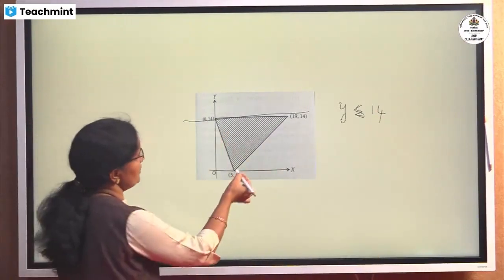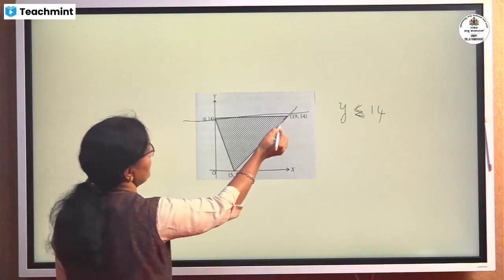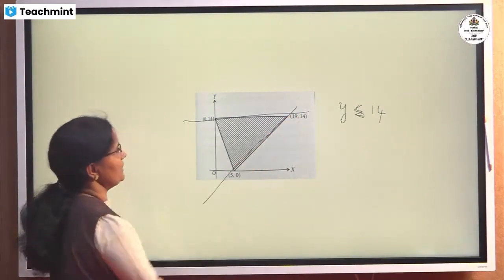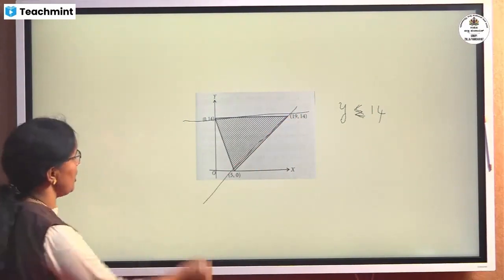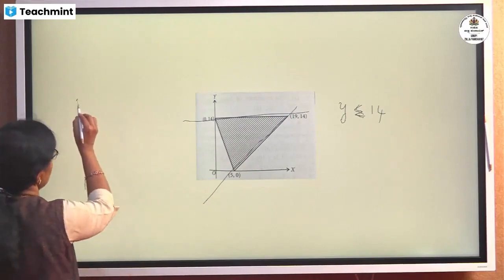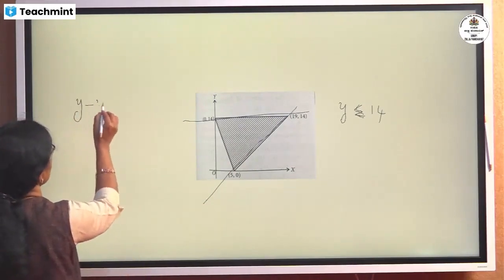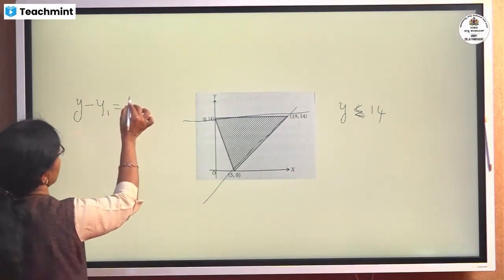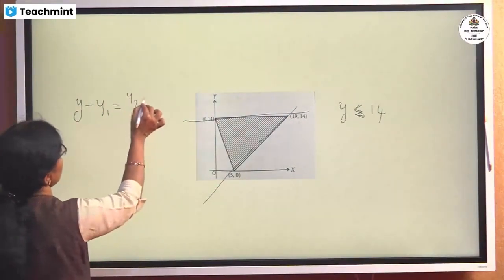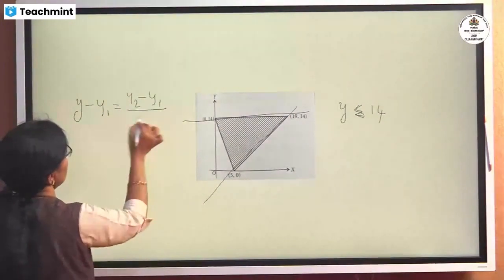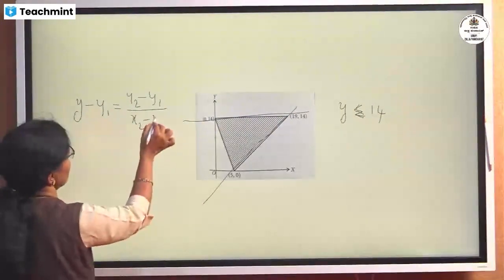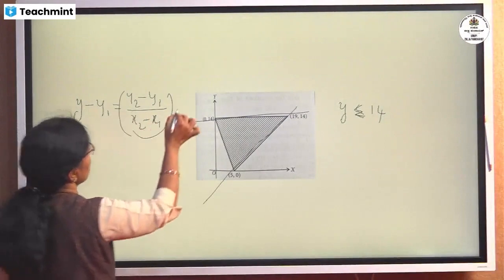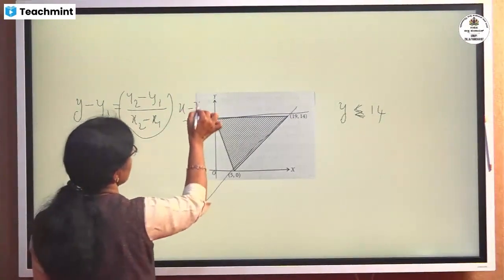To form the equation of this line, this is another inequality or constraint. You have to refer to the formula of first year, that is y minus y1 is equal to the slope, (y2 minus y1) divided by (x2 minus x1), into (x minus x1).